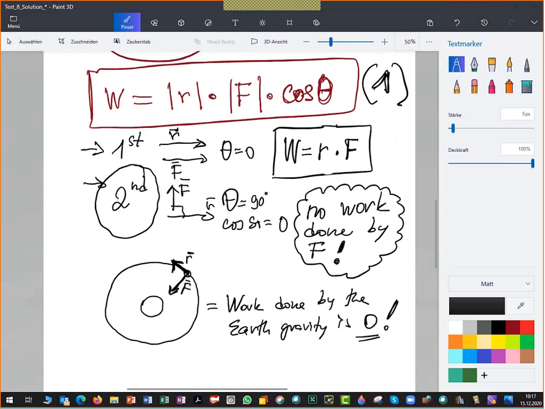So this is just one, I think, example where we have this situation. There is motion, there is force, and the force causes this motion, in fact, but the work done by this force is 0. And this is good, because if it would be different, it would mean that since gravity is doing work, it consumes energy.